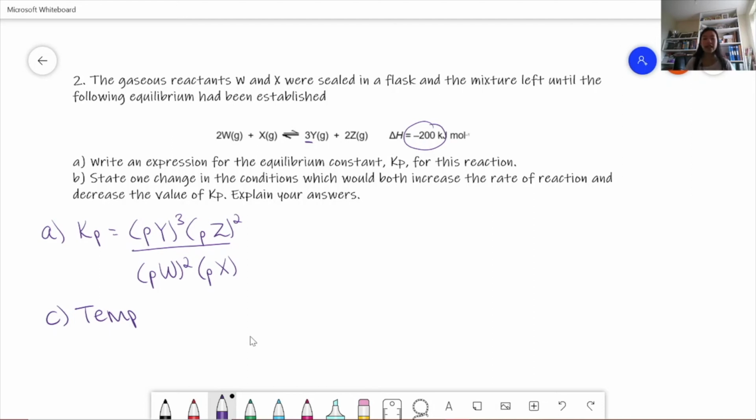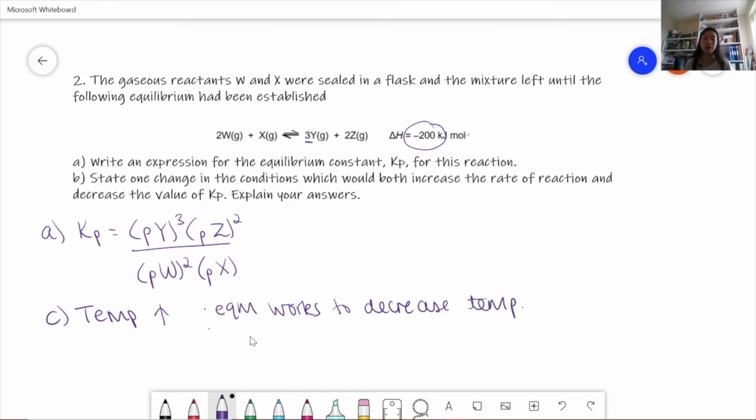So the first thing to say is that when we increase the temperature, then what happens is that the equilibrium works to decrease the temperature.